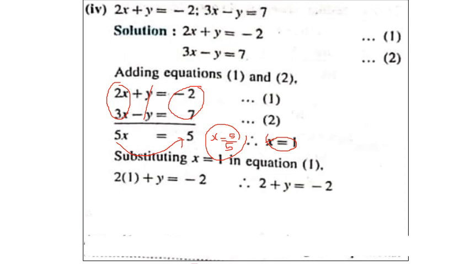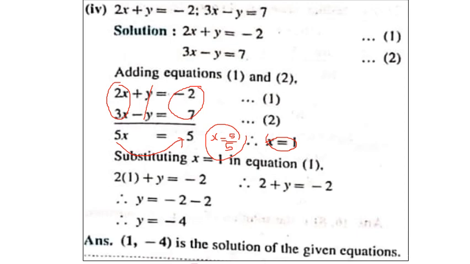So it will be 2 into 1 inside the bracket, plus y is equal to minus 2. 2 ones is 2. 2 plus y is equal to minus 2. So therefore y is equal to minus 2 minus 2, which becomes minus 4. So y is equal to minus 4.